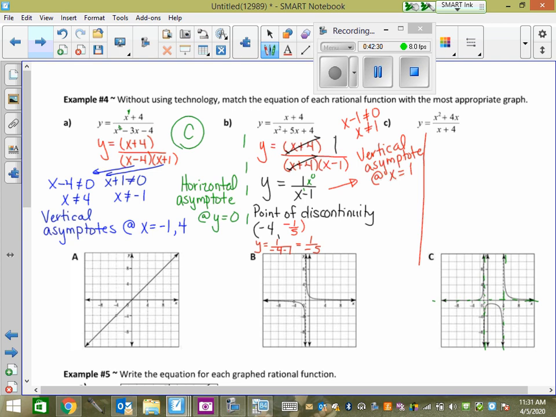So the numerator is smaller than the denominator. So I have a horizontal asymptote at y, not x, y equals 0, because the numerator is smaller than the denominator. So y equals 0 is actually the x-axis.